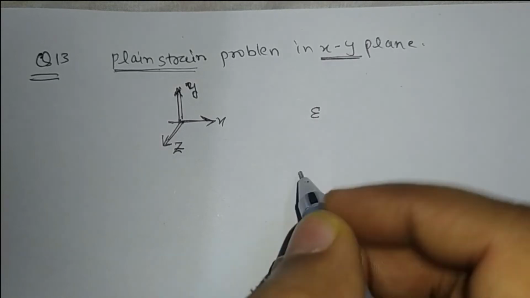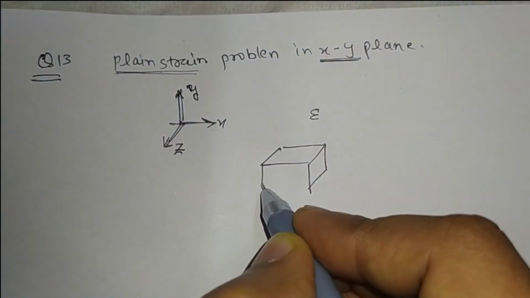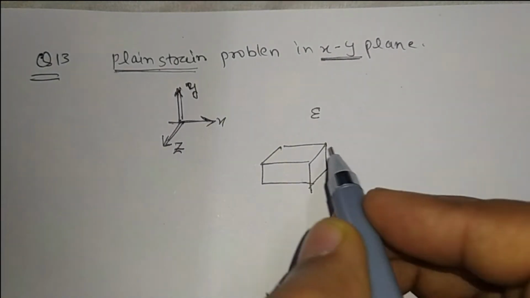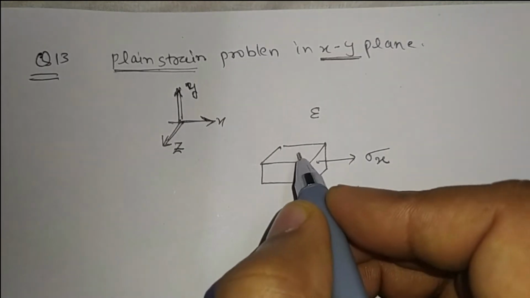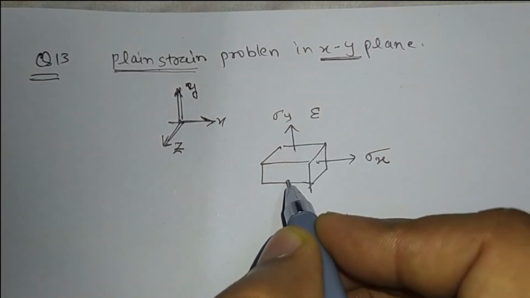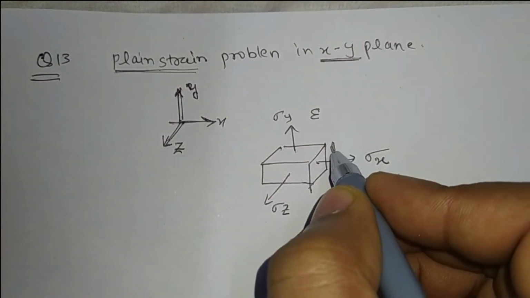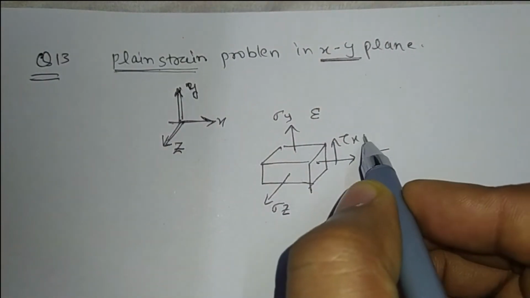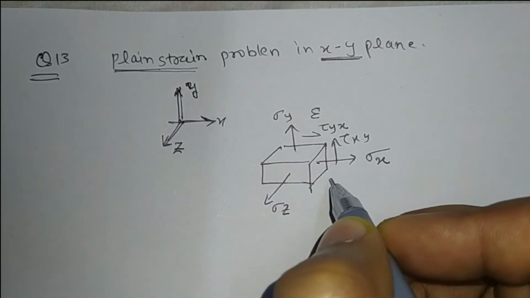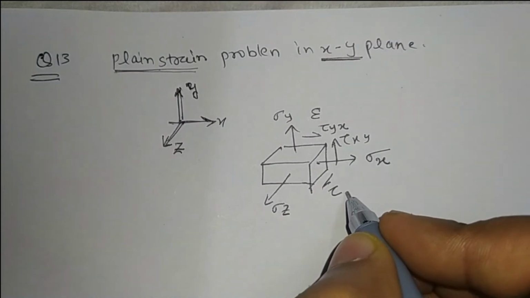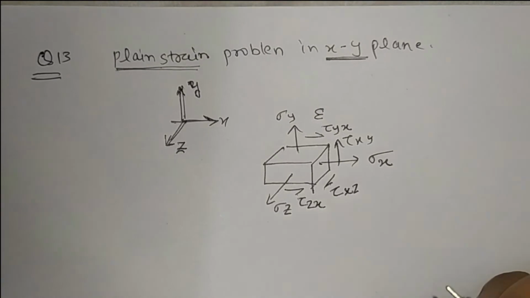It means that, for example, this is some solid body, an elastic body, which is subjected to the stresses, let's say sigma x, sigma y, and this is sigma z, or there may be shear stresses also, tau xy, tau yx, tau xz, tau zx.